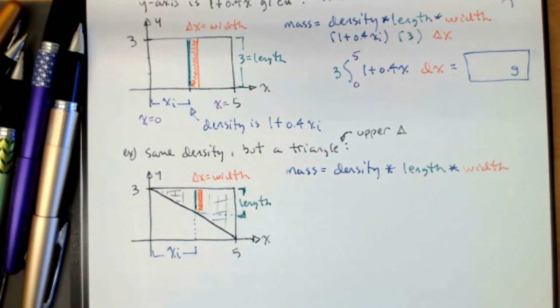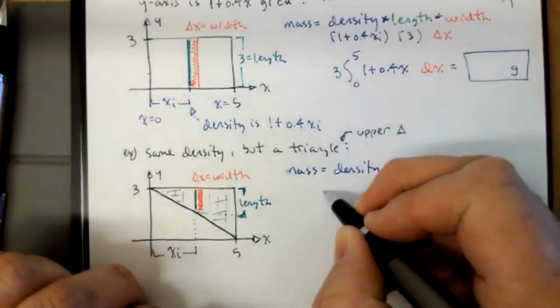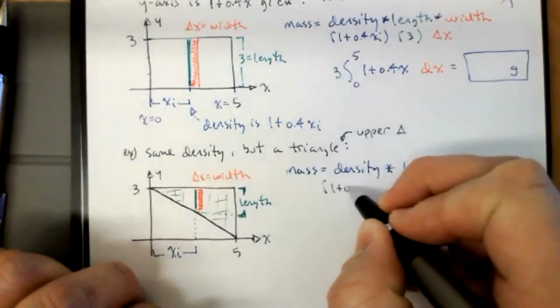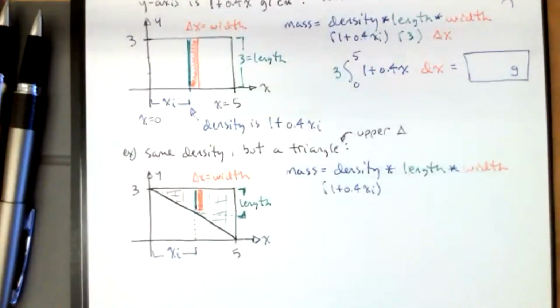Our density is still just the density 1 plus 0.4x. But now our length is variable.